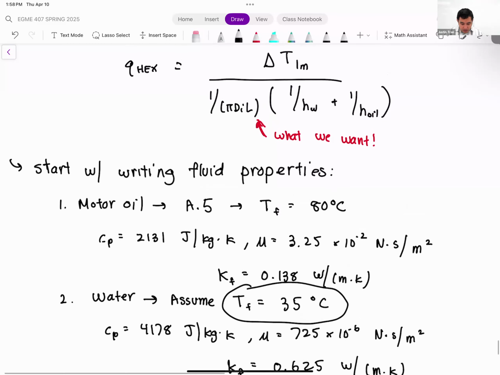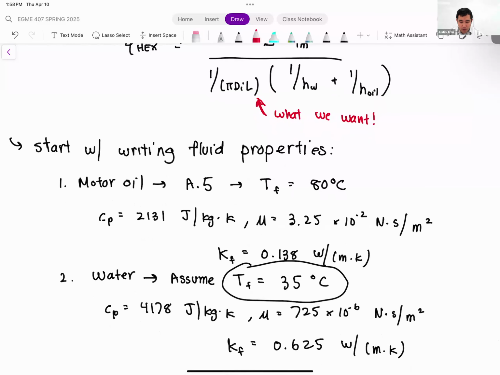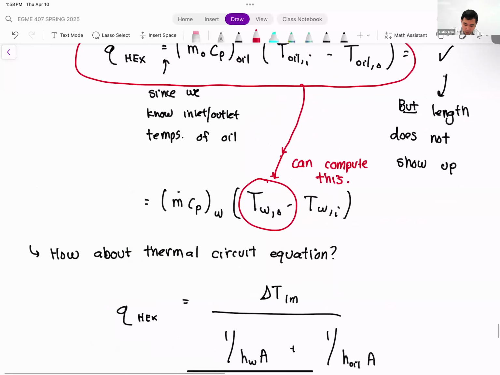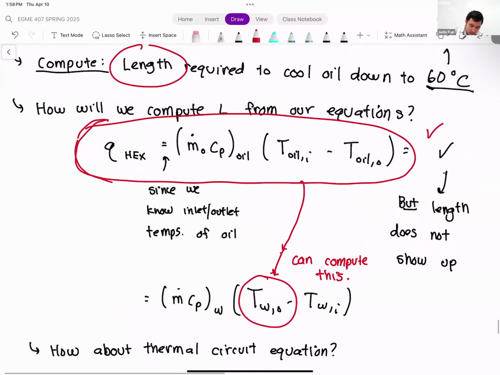Okay. So now that we have the CP of the oil, this was the main one that we were looking for, at least from the beginning. We can use this CP of the oil, bring it all the way up here, and use that to compute Q hex.